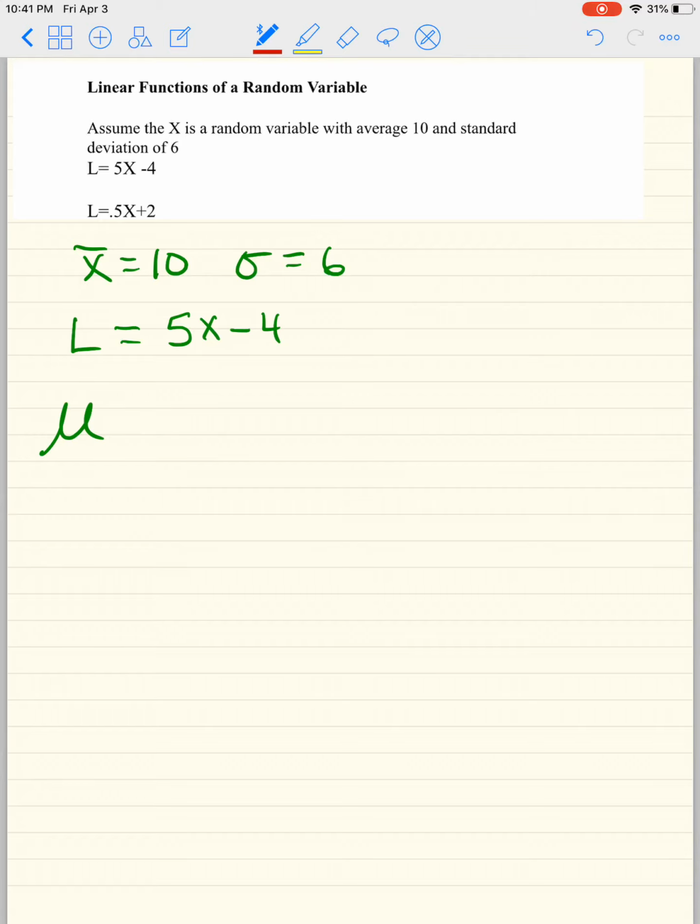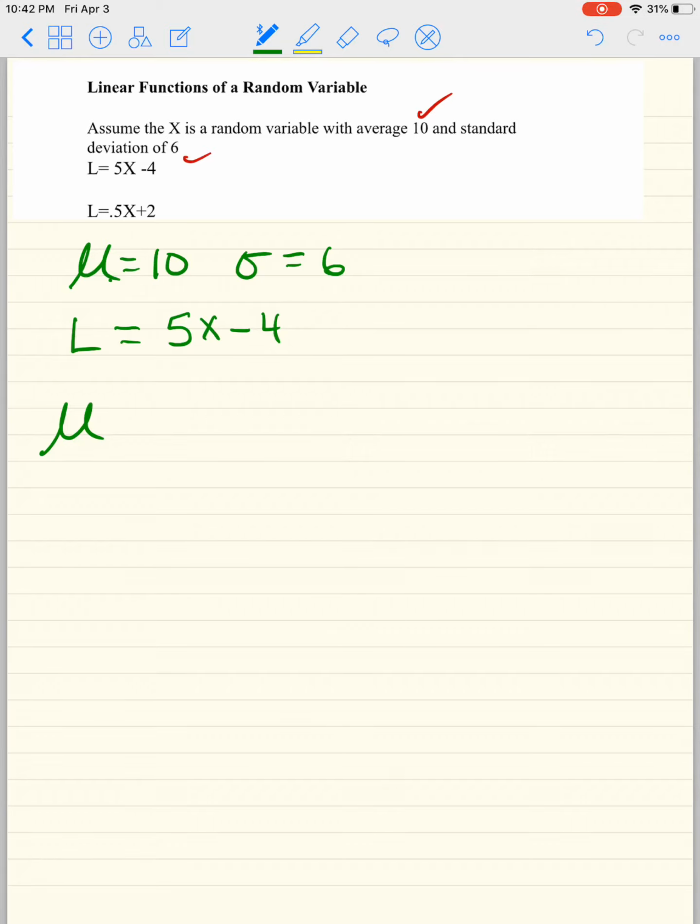First, I want us to talk about a linear function. It's basically exactly what I did on the previous slide, but I just put it into an equation. So I said, assume that x is a random variable with average 10 and a standard deviation of 6. So I wrote those right there. Let me put a mu there. I wanted us to transform these data and figure out what the new average is.